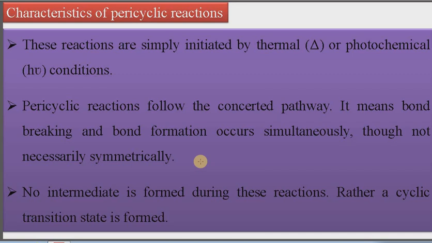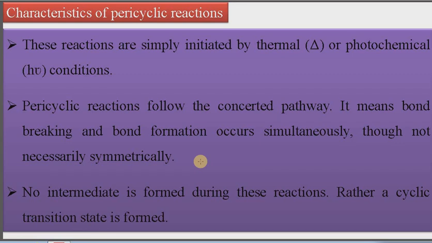Simultaneous, or concerted pathway, means these two steps take place at the same time. In general chemical reactions, you have studied the two types of bond breaking, that is homolytic or heterolytic. In these general reactions, first the bond breaking takes place in reactant molecules, and after that, new bonds are formed to produce product molecules, right?